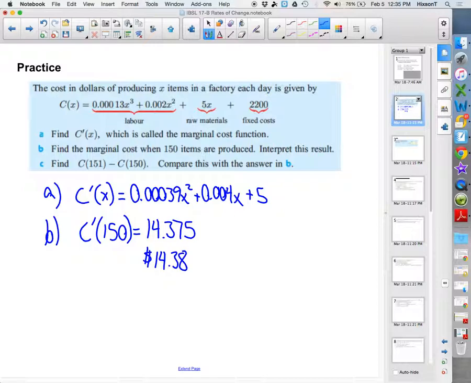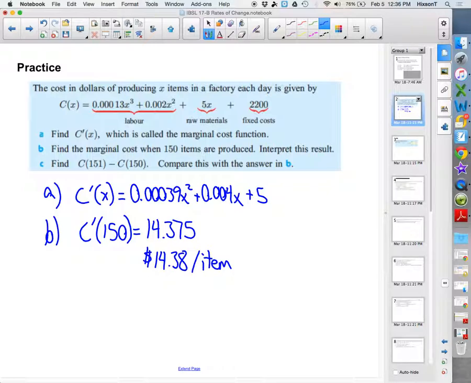Where the rate of change comes in is our overall costs are going to increase $14.38 per item. So that times 150, that's how much it increased. Okay, that's your cost per item. Per item, yes. So if you plug it into the original equation, what would you get? The total cost for everything? That would be the total costs for production for the whole day. Okay.